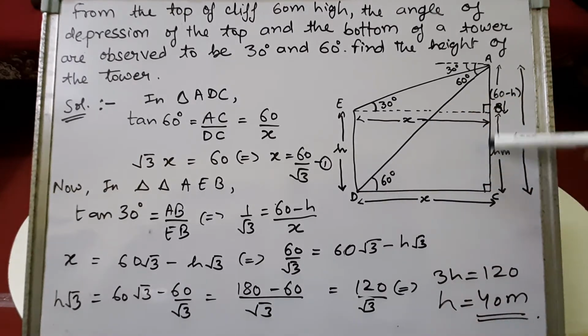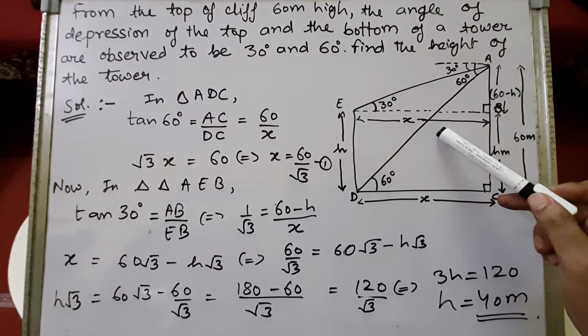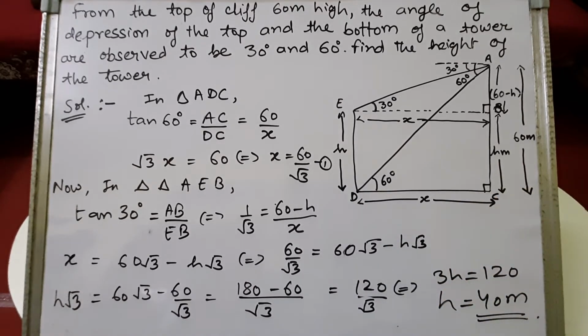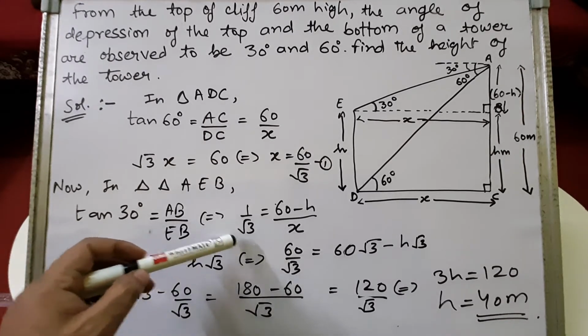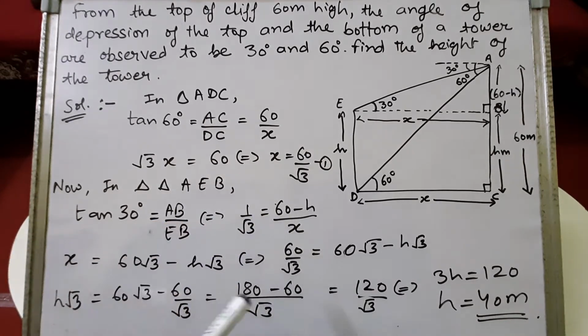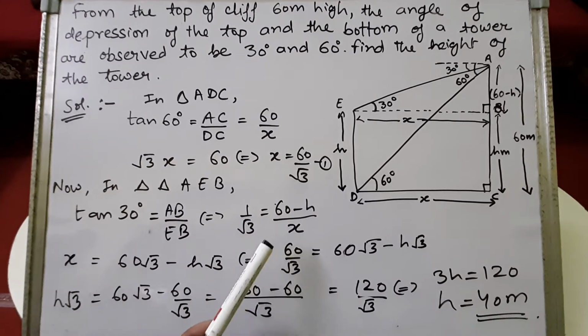So this will also be h, and the remaining length will be 60 minus h. Alright children, so the length of AB will be 60 minus h. The value of X we have already calculated, 60 upon root 3. Let's substitute the values. The value of tan 30 degrees will be 1 upon root 3. AB is 60 minus h and EB is X.